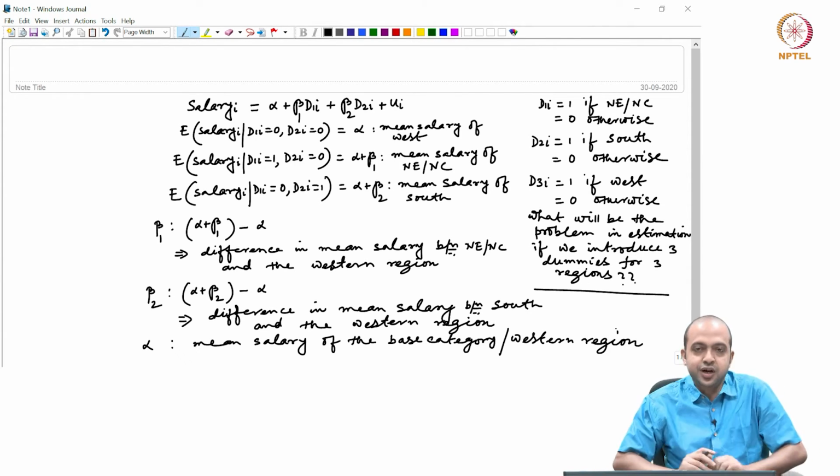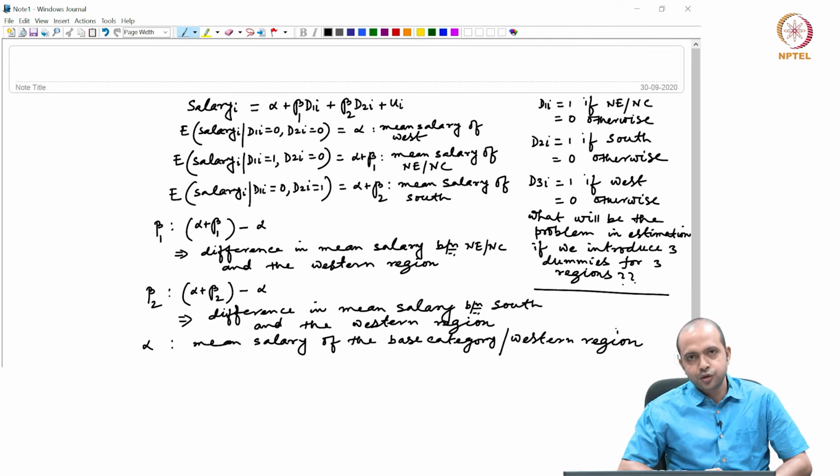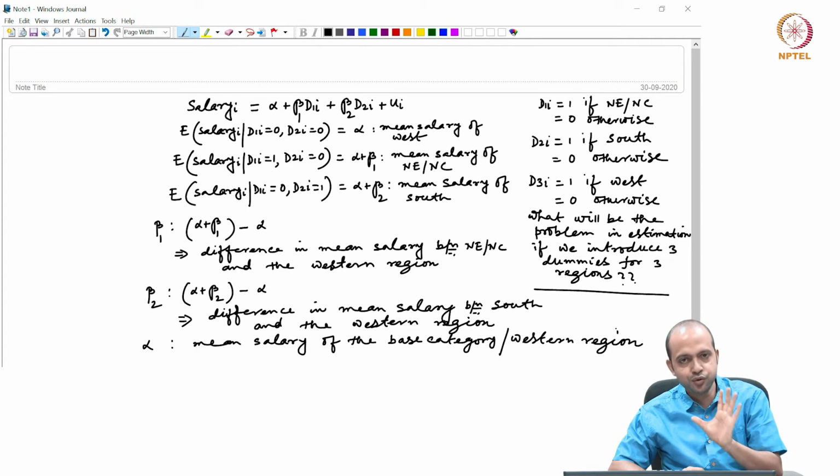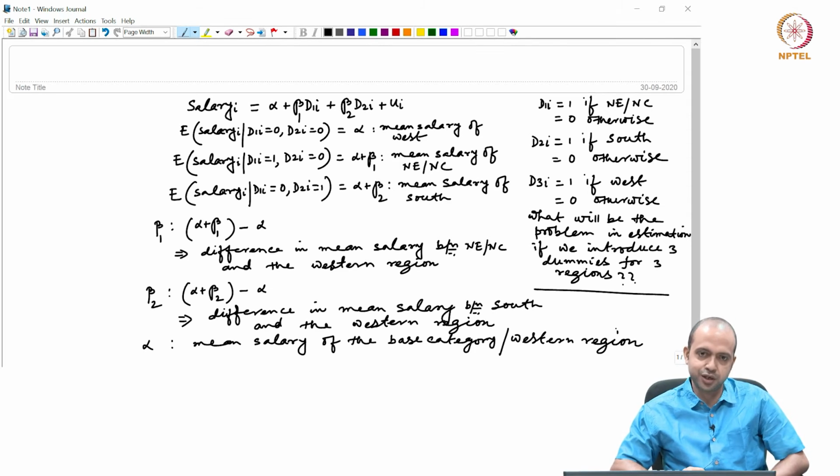Okay. So, this is how we have to set up the model, and once again we have started with a very simple model. Here our assumption is that monthly salary of a primary school teacher depends on only one factor, that is the regional dummy. That means from which region you are coming, that will tell you what type of salary you will get. So, regional dummy is the only one explanatory variable for the salary.